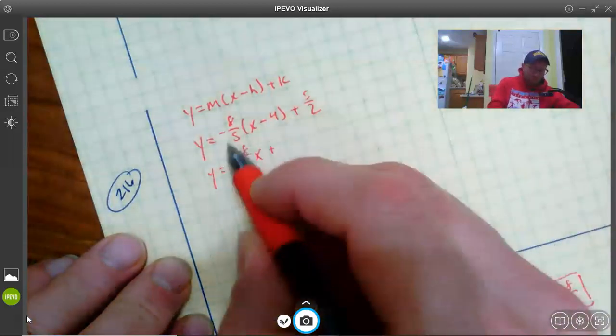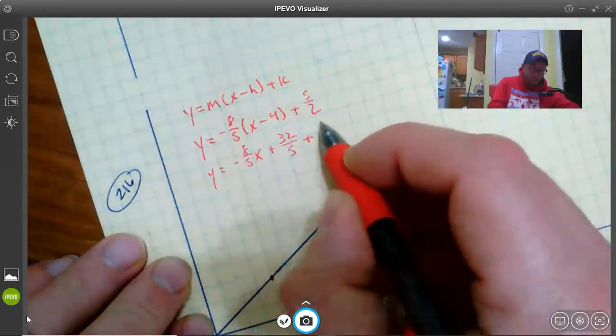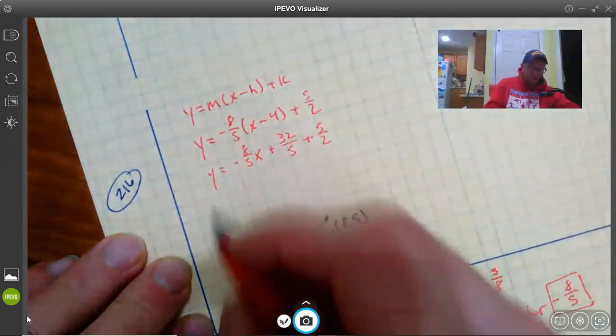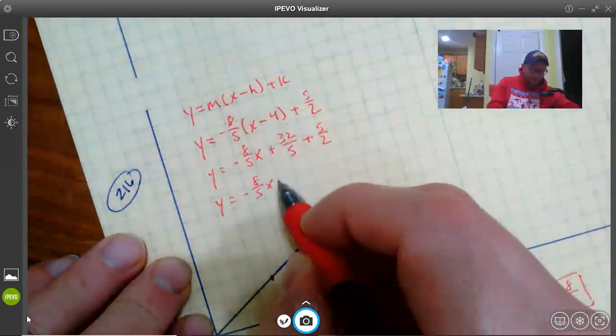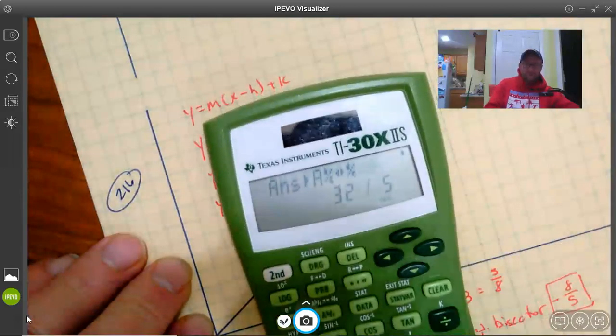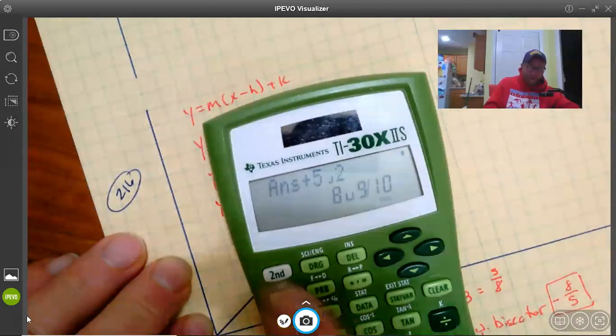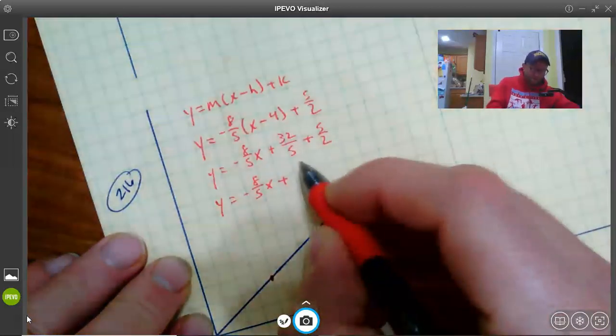That's going to be positive because these are negative, plus 5 halves. Negative 8/5 x, plus this number plus 5 halves, which is 89/10, or 8 9/10.